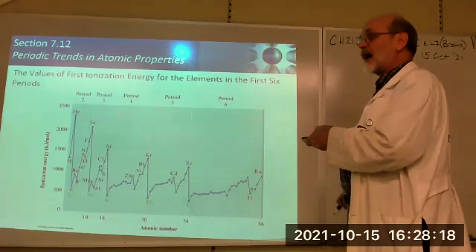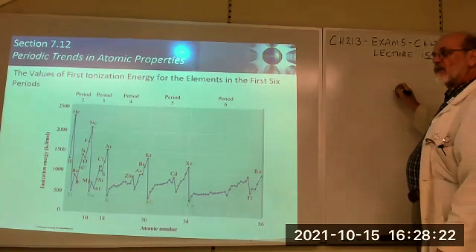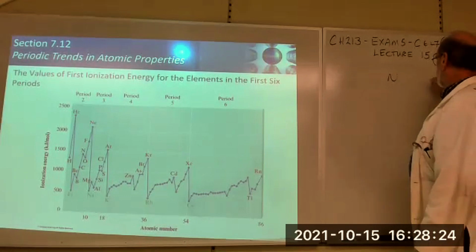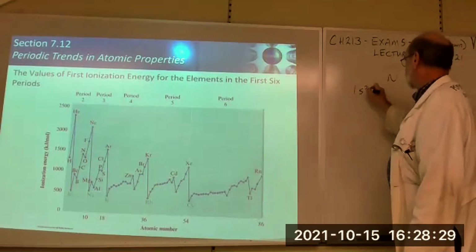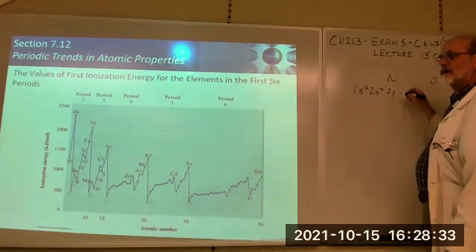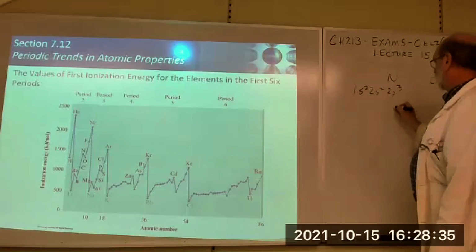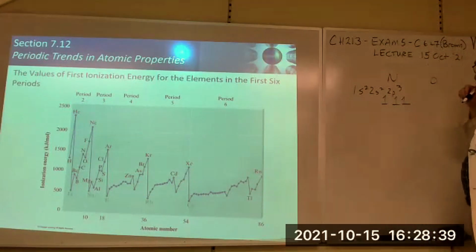For nitrogen to oxygen, that's a more interesting one, actually. We're in the p orbital, nitrogen versus oxygen. So we've got 1s2, 2s2, 2p what? 3, right? 1, 2, 3. There's nitrogen.